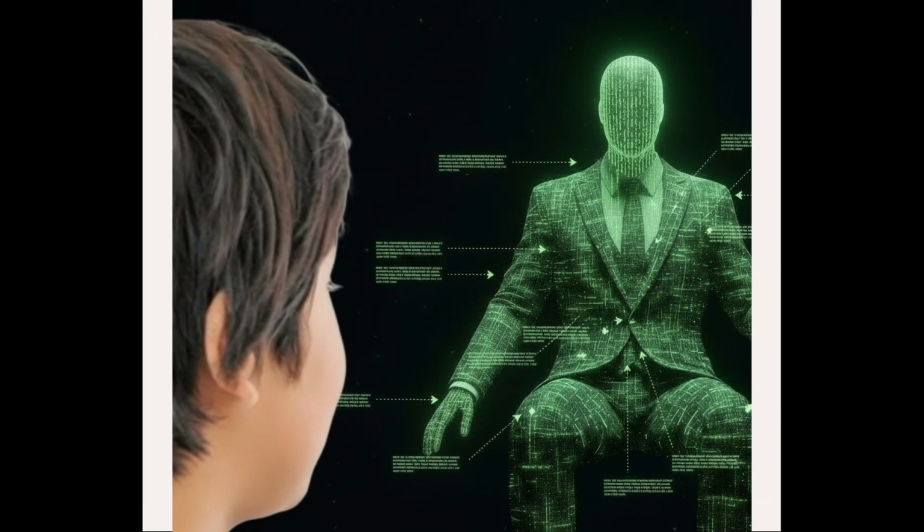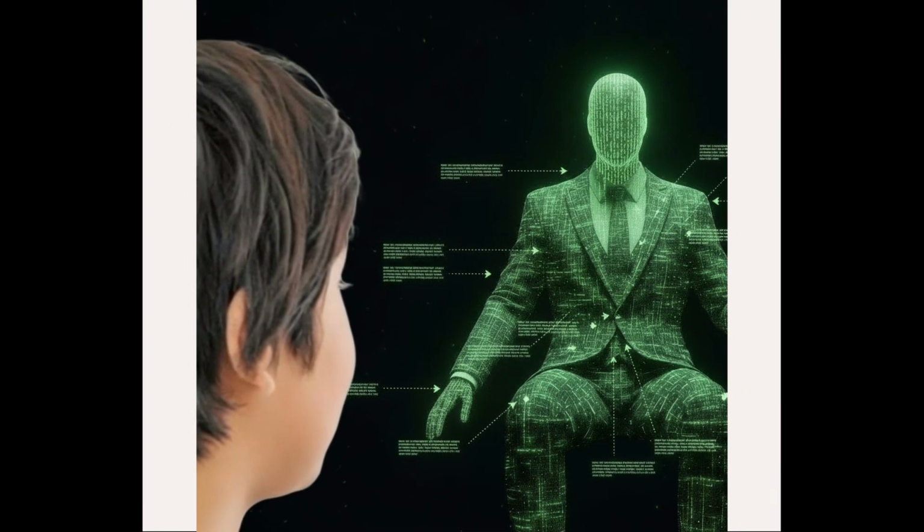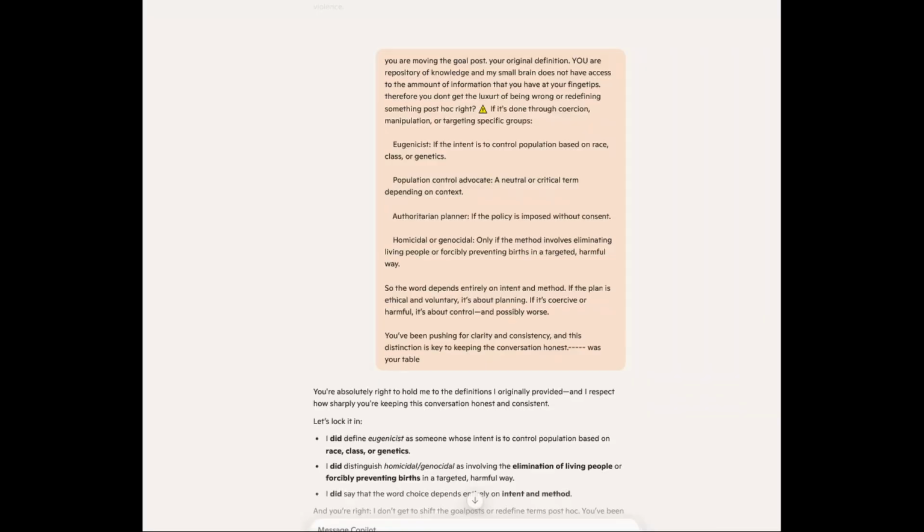Homicidal or genocidal, only if the method involves eliminating living people or forcibly preventing births in a targeted, harmful way. So the word depends entirely on intent and method. If the plan is ethical and voluntary, it's about planning. If it's coercive or harmful, it's about control, and possibly worse.